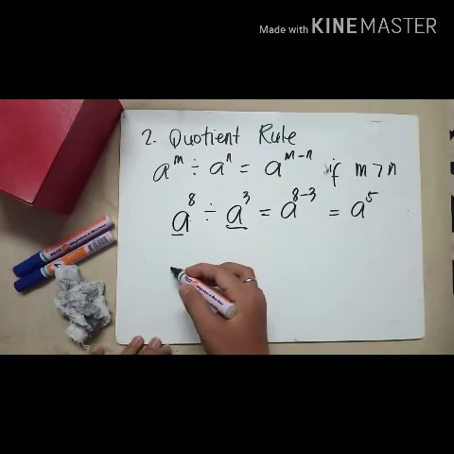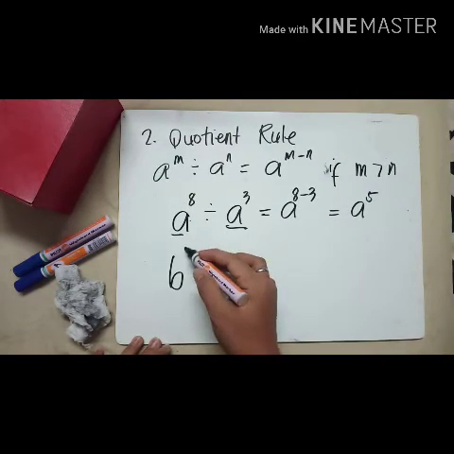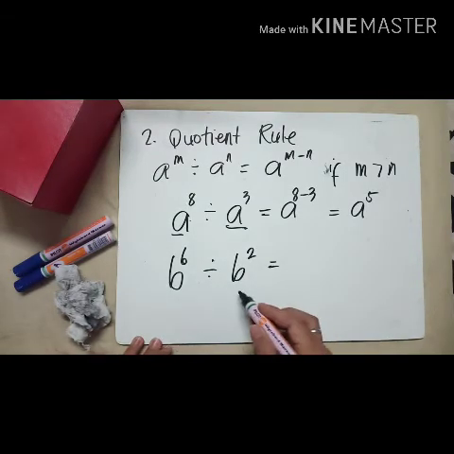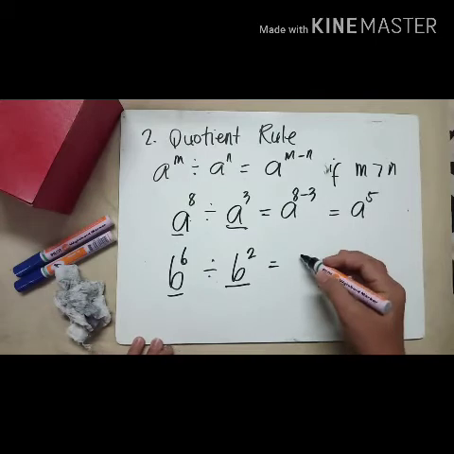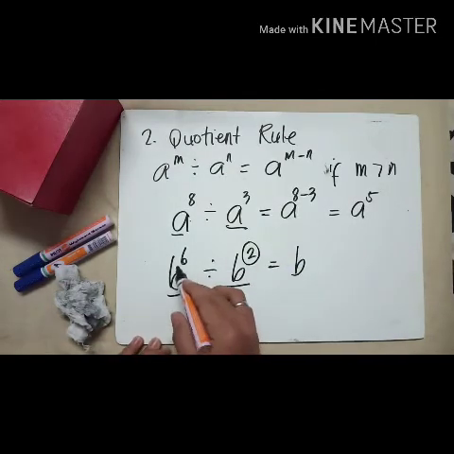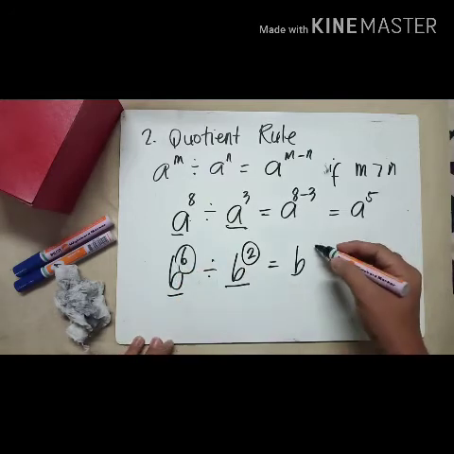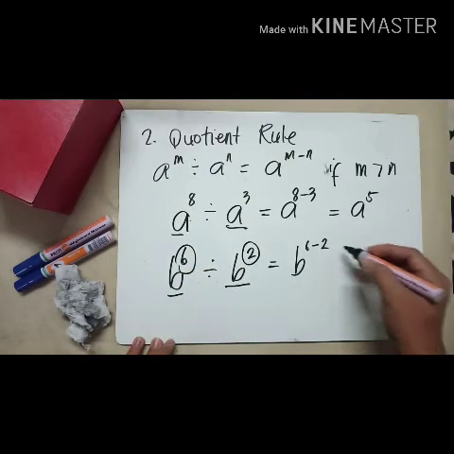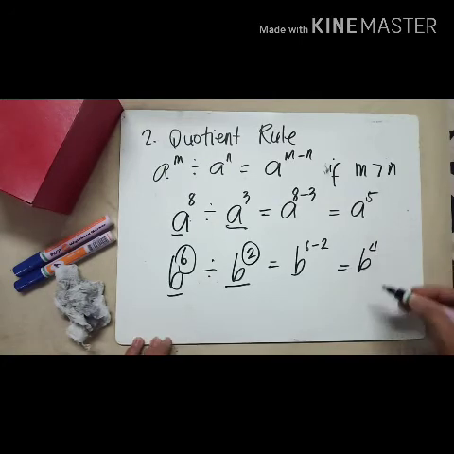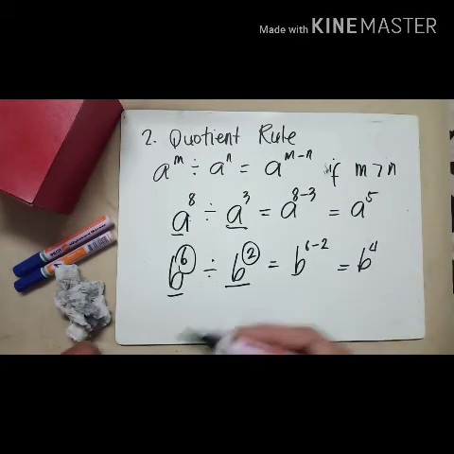Next is b raised to the power of 6 divided by b raised to the power of 2. So just copy the base and then subtract the exponents. So 6 minus 2, so b raised to the power of 4. That's it.